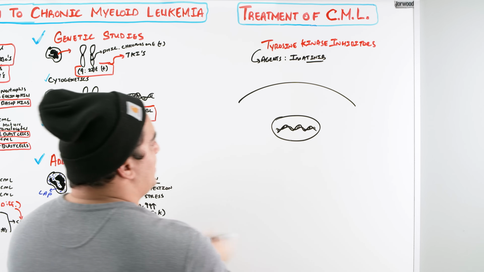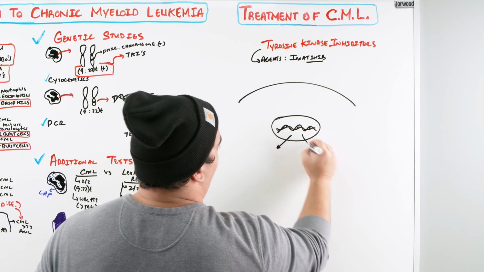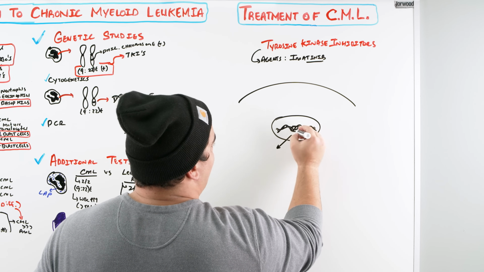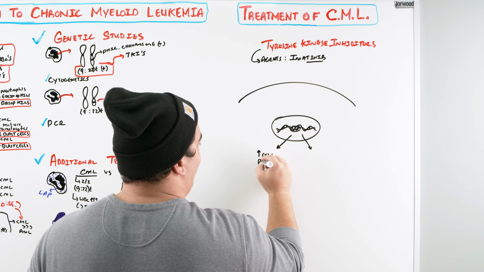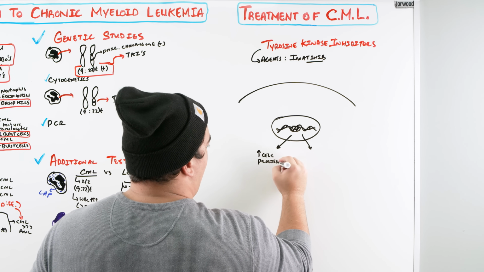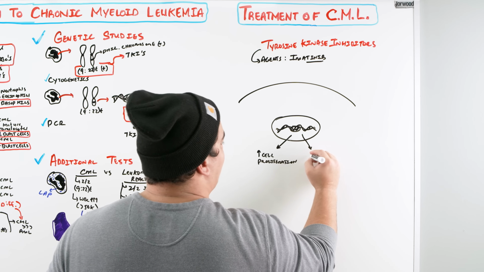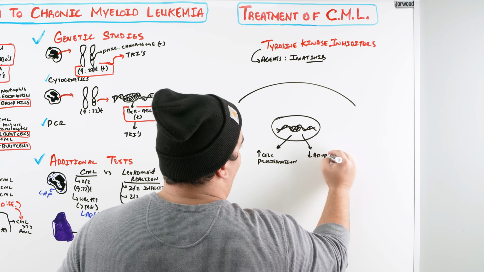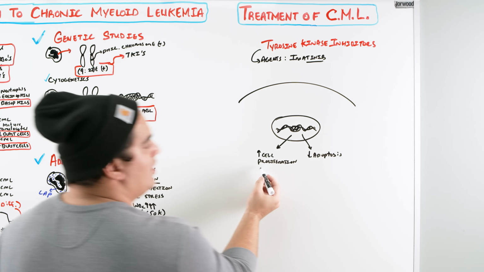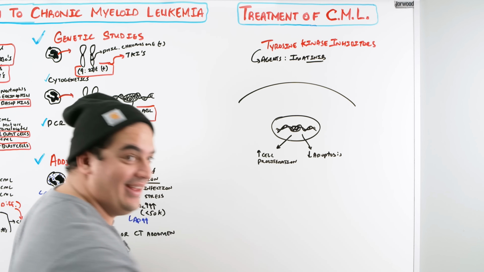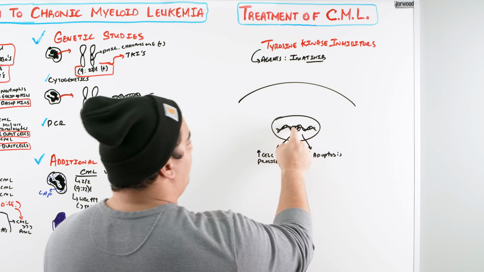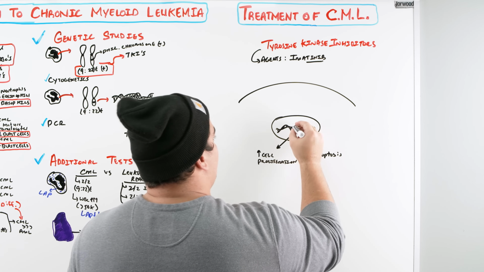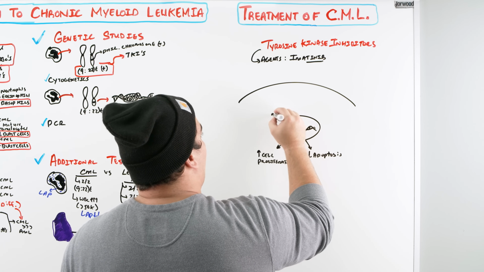There are two particular effects occurring from the DNA: we are activating specific genes that will increase cell proliferation, and we're also activating genes that will decrease apoptosis. This will cause the cell to replicate and never die, which is crazy. And really the primary reason is that we formed a fusion gene, called the BCR-ABL gene.